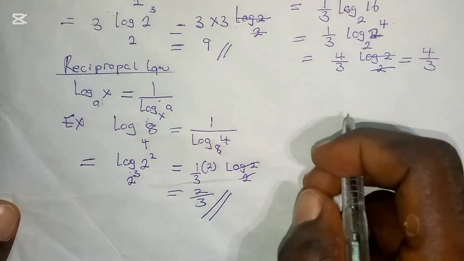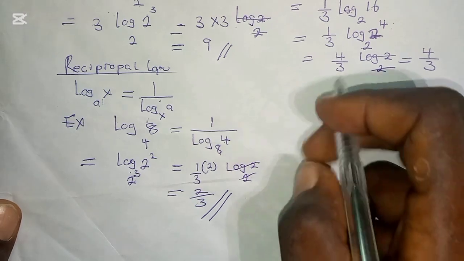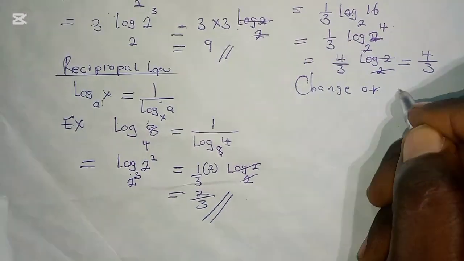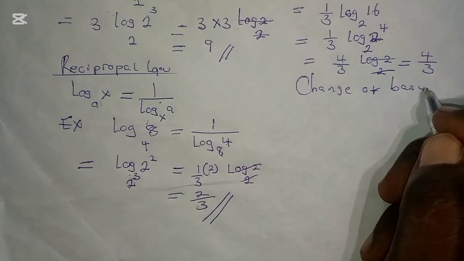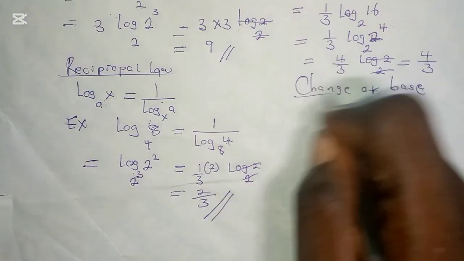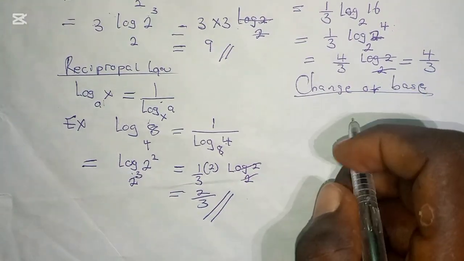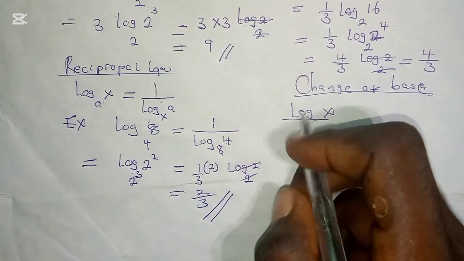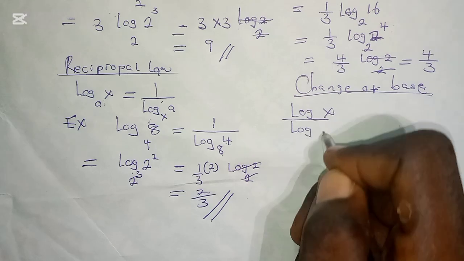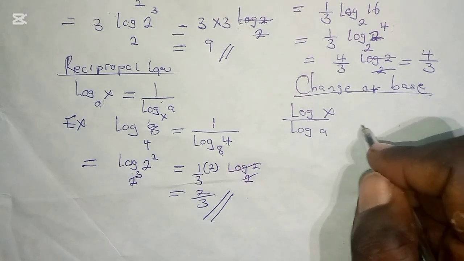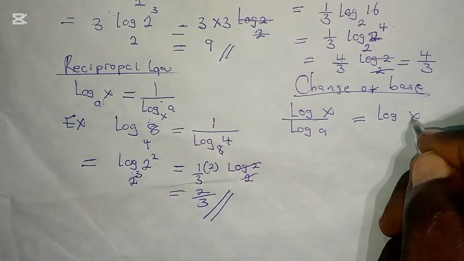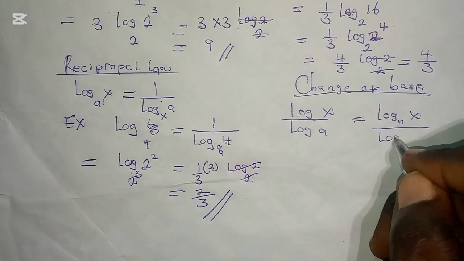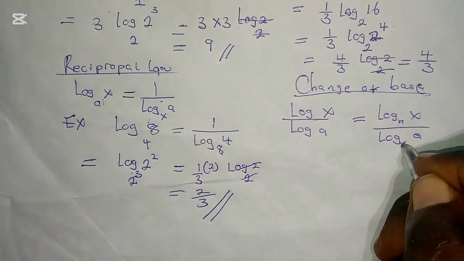And also another property to recall is change of base. Now on this property, when you have log x base a, this is equal to log x base n divided by log a base n.